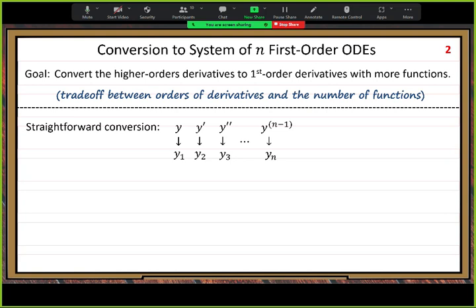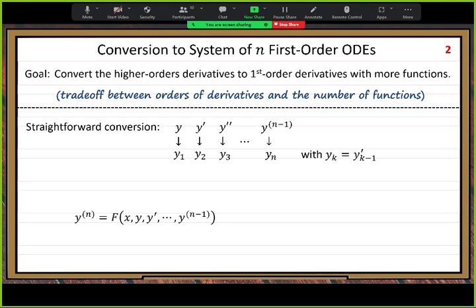Then let's look at the conversion result. We need to go back to the original equation. Here you can see yk equals the derivative of the previous function, yk minus 1 prime.